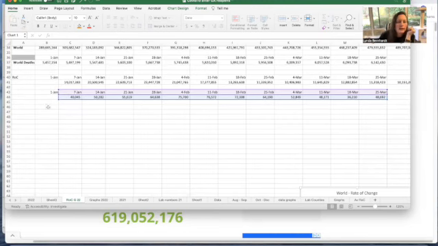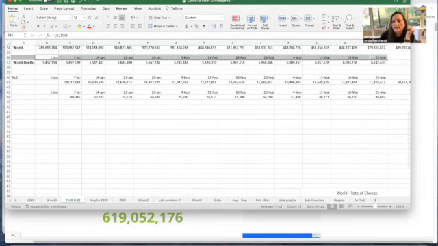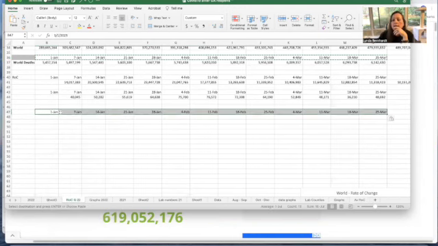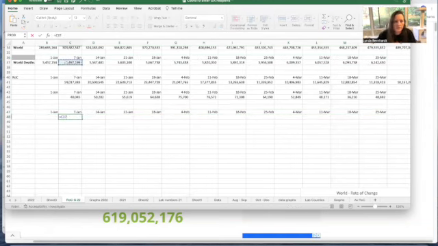Then I am going to do these dates, copy, and paste. And then I am going to do the rate of change. So equals this minus this, enter.